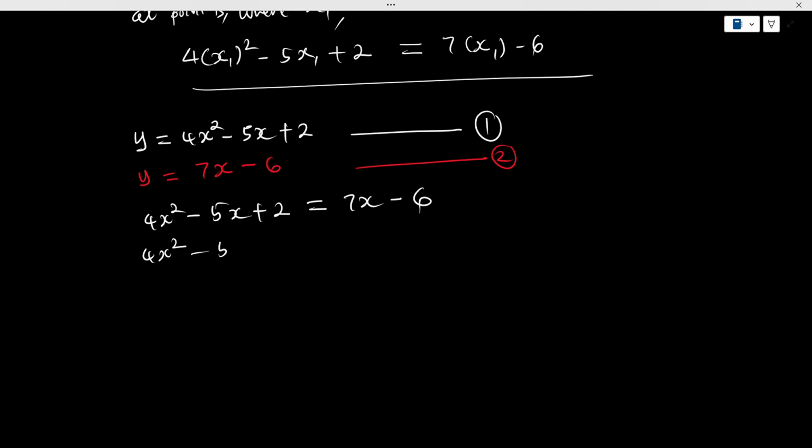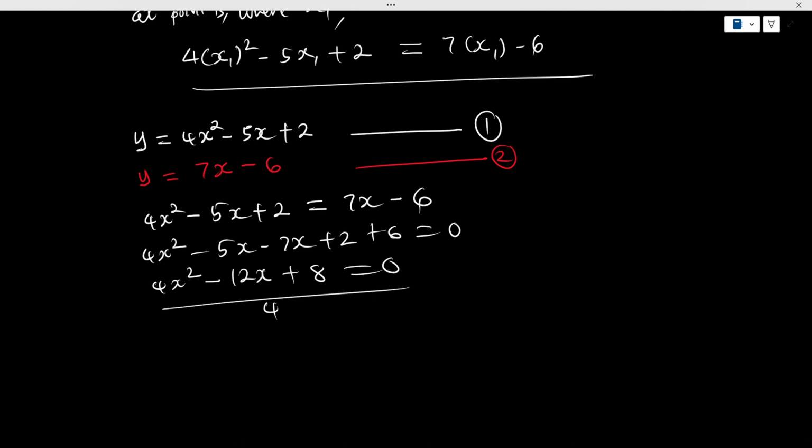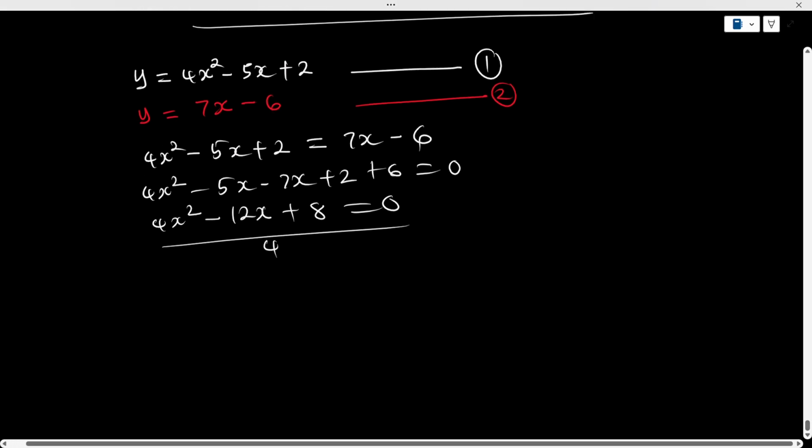Then we can rearrange this, equals 0, to get 4x squared minus 12x plus 8 equals 0. As a matter of fact, we have 4, 12, and 8, so we can simplify this by dividing the equation by 4.